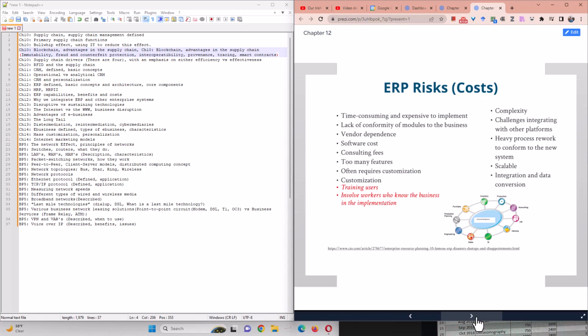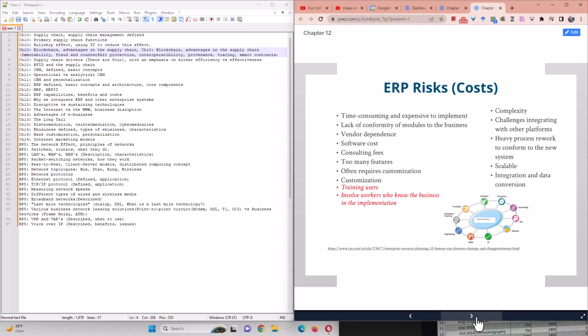Training and involving users in the implementation is often where companies fail to adequately invest, which is why I have those in red, but that's really critical. The complexity of replacing your digital nervous system in an organization is high. So implementing one of these is an extremely complex endeavor.